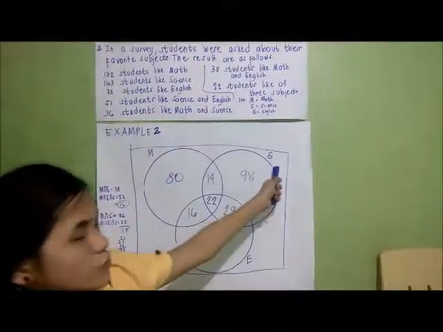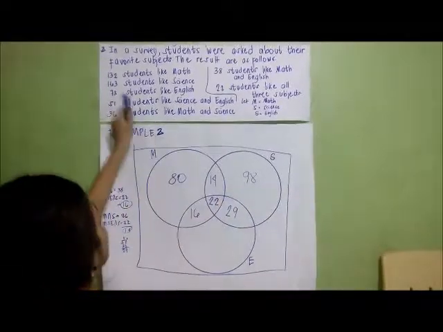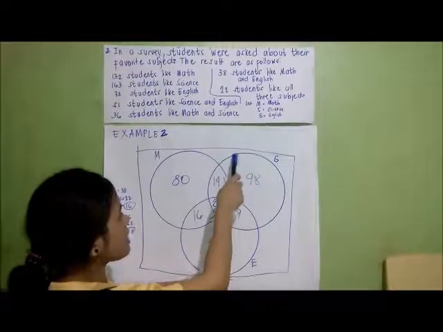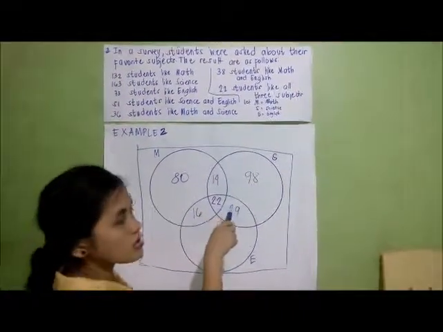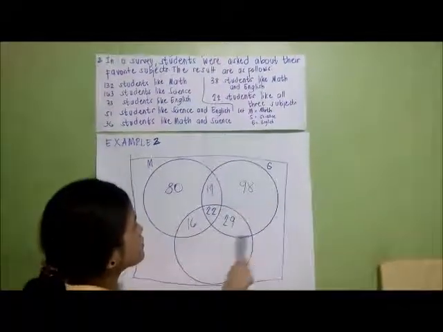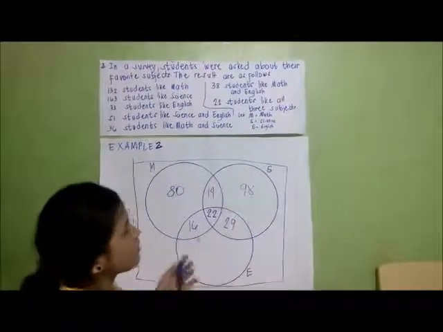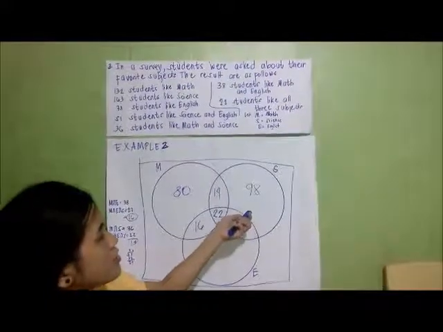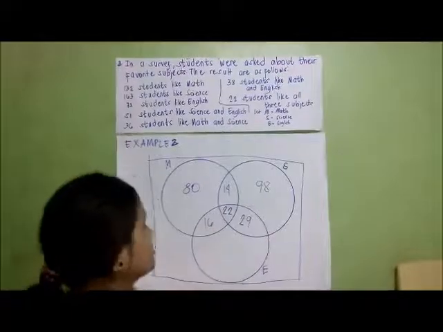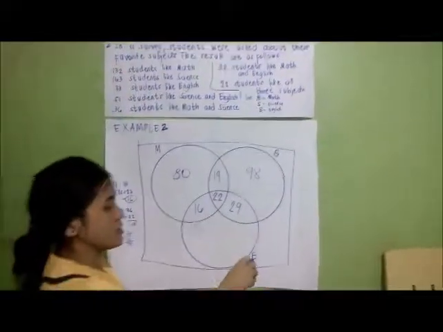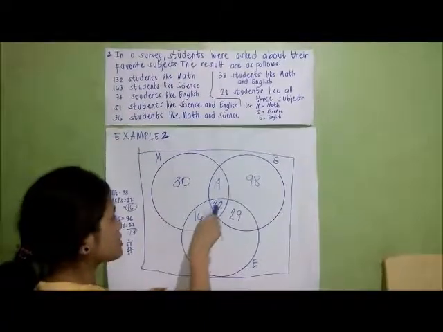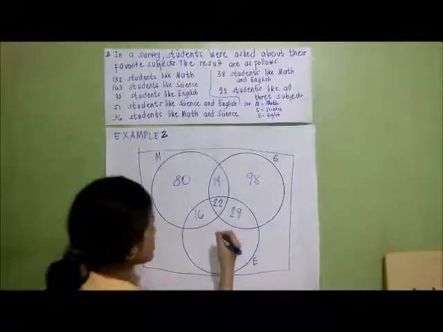The same process with set S. So 163 minus the sum of 14 plus 22 and 29 that are part of the circle of S. The answer is 98. The same process with set E. So 73 minus the sum of these three elements, which gives 6.